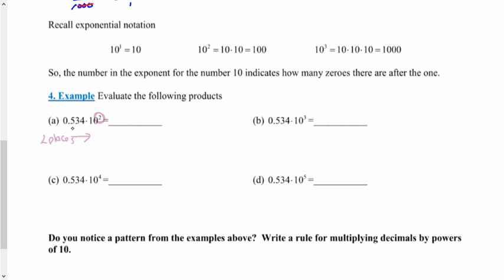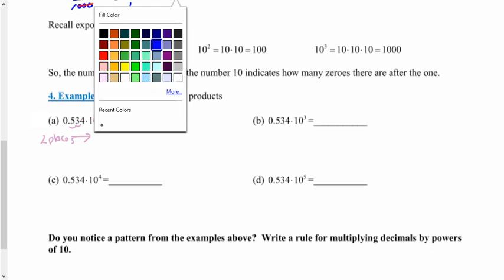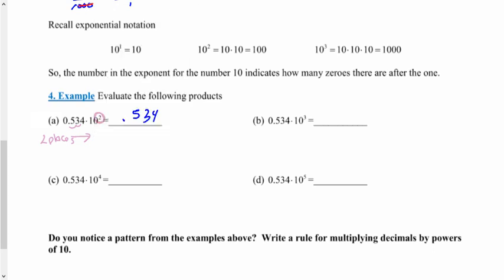We're going to move that decimal 2 places. 1, 2. So I end up getting 0.534, and after that decimal gets moved 1, 2 places, we get 53.4.